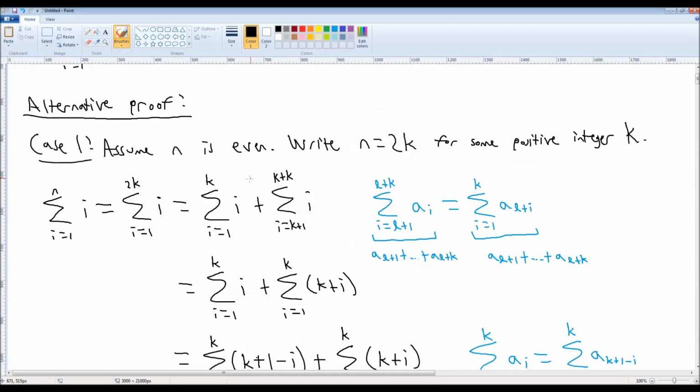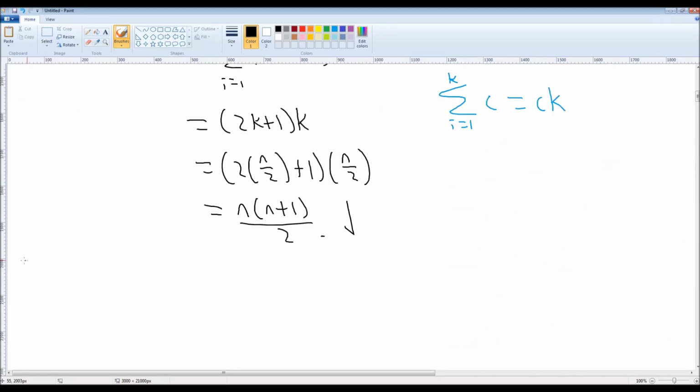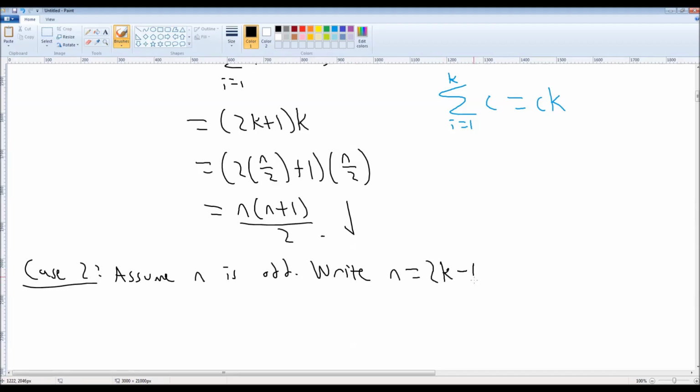Now, what about if n is odd? Case 2, assume n is odd. Well, if n is odd, that means we can write n as 2k minus 1 for some positive integer k. Normally for odd integers, I would do 2k plus 1.